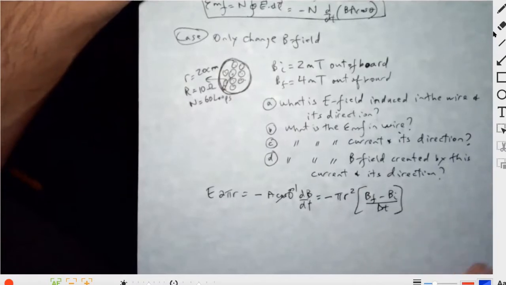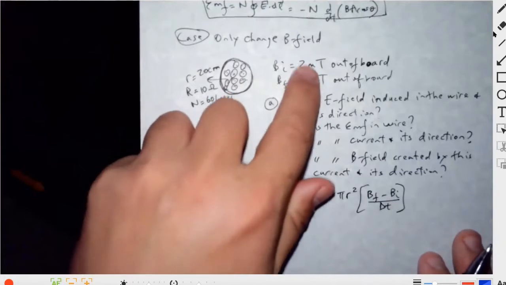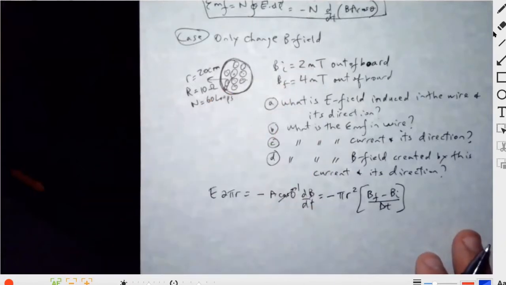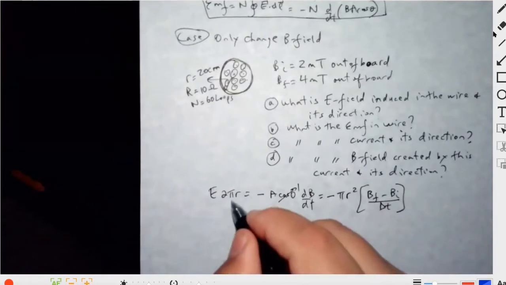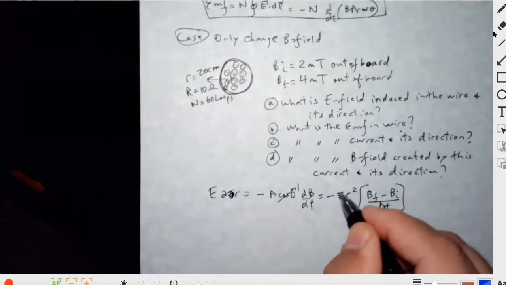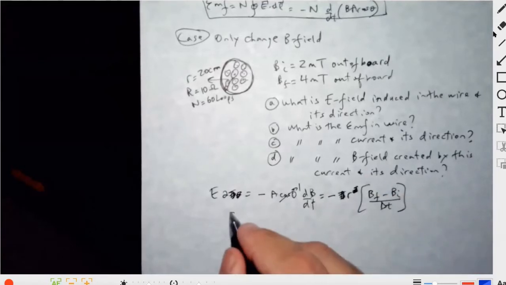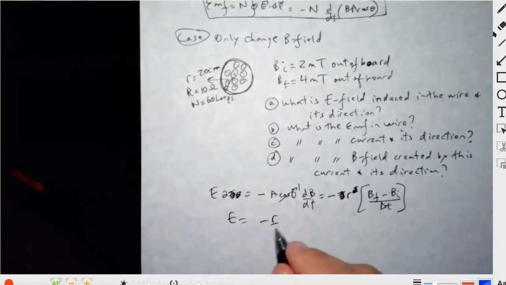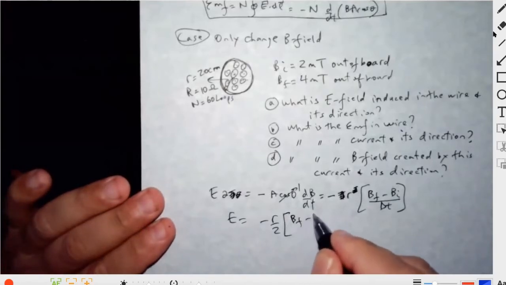It's not really a derivative because you're given the initial and the final. And then the pi cancels, the r cancels, and we have E equal to negative r over 2 times B final minus B initial over delta t.